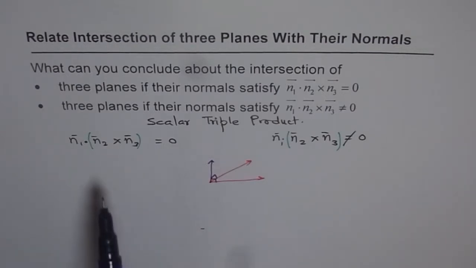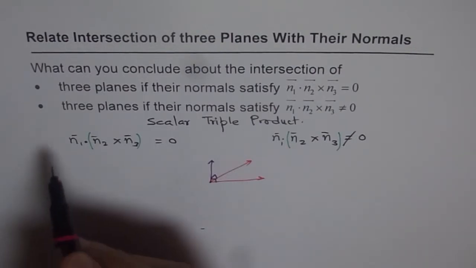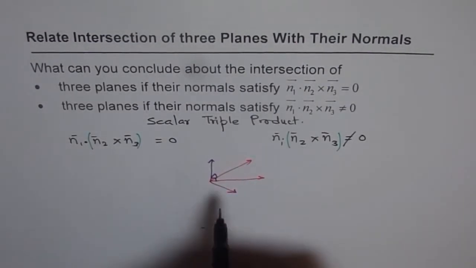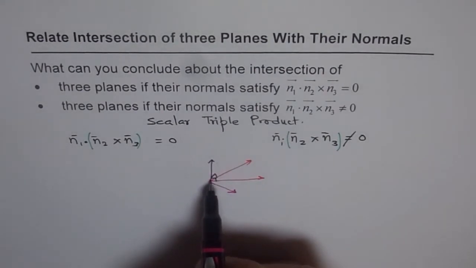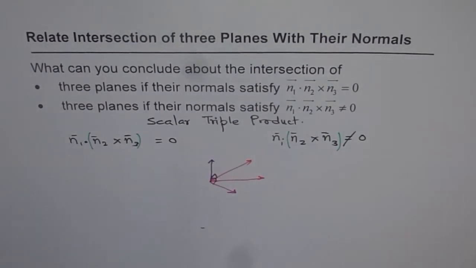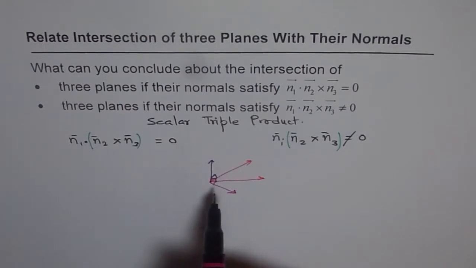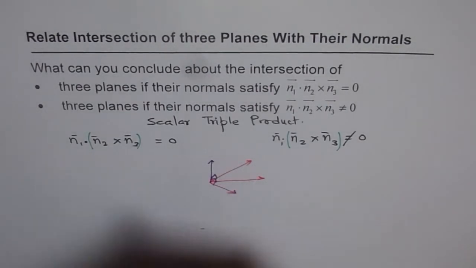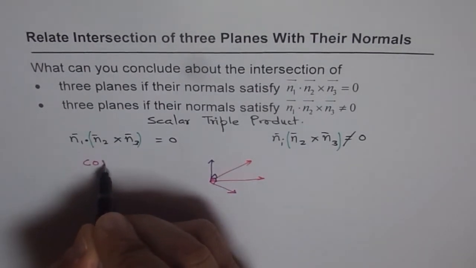Now, think about it like this: I have the third vector in the same plane. If I have the third vector somewhere in this plane, then since the cross product is perpendicular to the whole plane, it has to be perpendicular to this vector also. If it is perpendicular, then the dot product will be 0. So that means in this case, all three vectors n1, n2, n3 are coplanar.